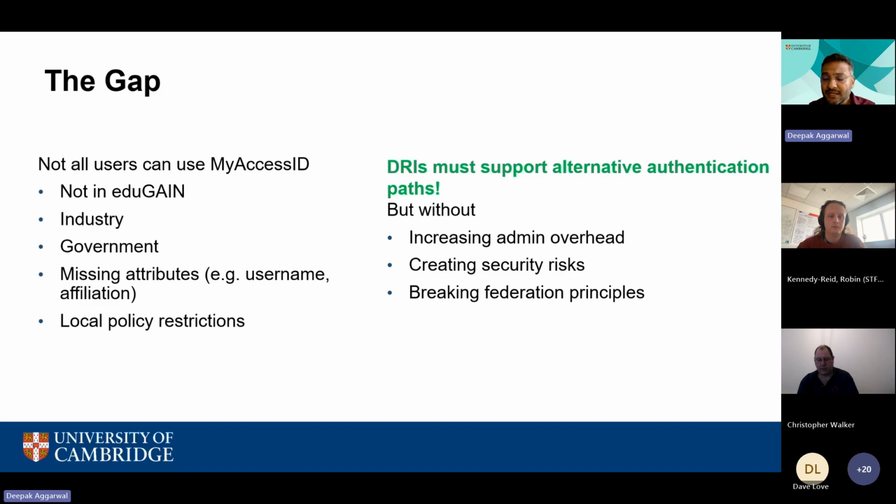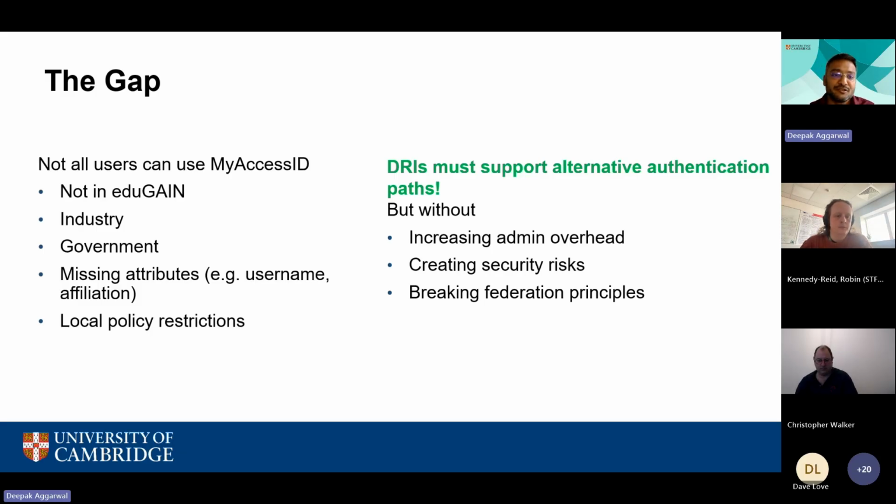This makes it harder for us to direct people to MyAccessID and do the authentication. So as we can see clearly, there's a gap, and the solution that we have built is not fully federated. So what do we do with these users who can't use MyAccessID?